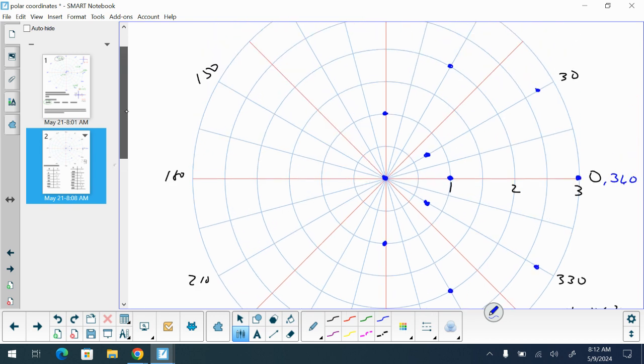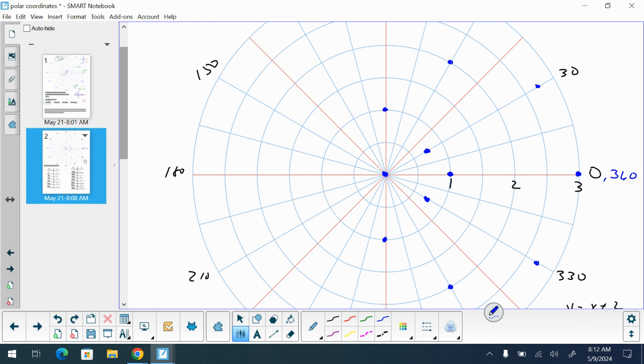Okay, so we got a bunch of dots here. The question is, how do we connect them? Well, the nice thing about polar coordinates is it allows us to graph things that are in more of a curved nature a little bit easier in regards to dealing with the equation. How do we connect the points?